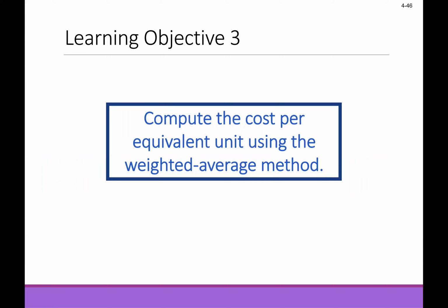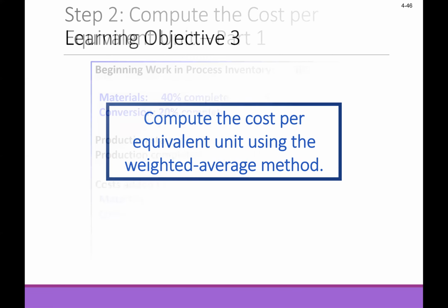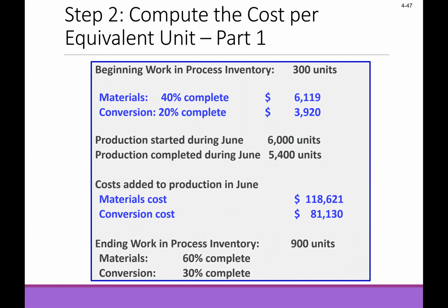Now we'll compute the cost per equivalent unit using the weighted average method. So far we've come up with the number of units. Now we're going to put a dollar amount to it. So if beginning work in process had 300 units and they give us the materials was 40% complete, the conversions 20% complete, and it gives us a dollar value.